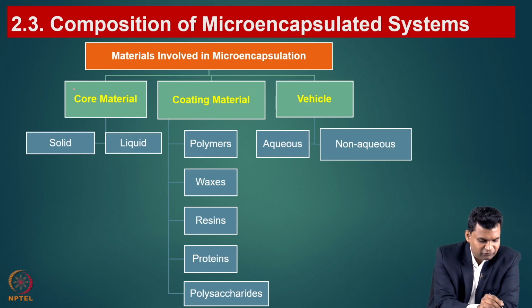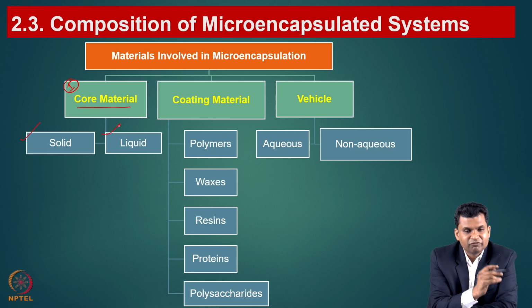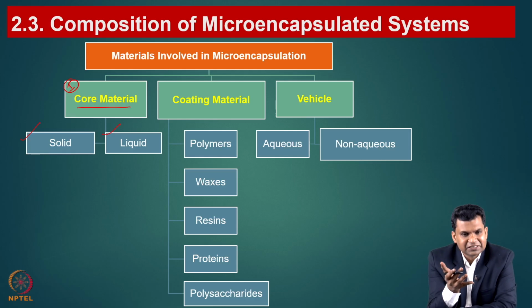The first one is the core material. It may be an active ingredient in solid or liquid form, like various pharma grade or food grade, nutraceutical, cosmeceutical active ingredients. All of these can come into this category as a core material.